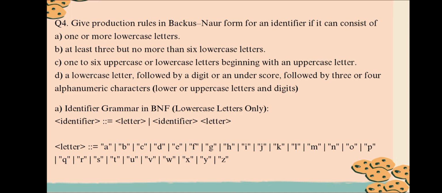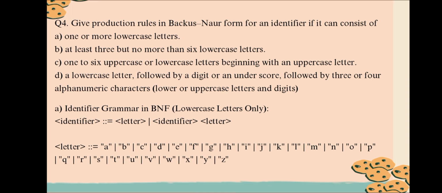First we understand what these elements are used for. First is identifier. It is used to represent the entire identifier. Second is letter, which represents a single lowercase letter, and uppercase letter represents a single uppercase letter. Digit represents a single digit from 0 to 9.